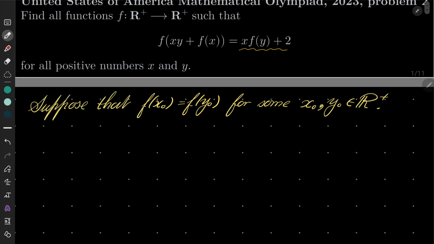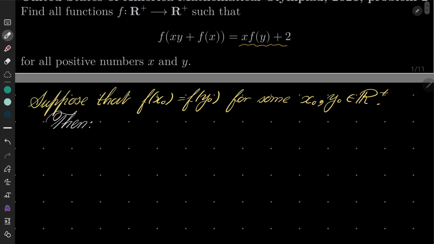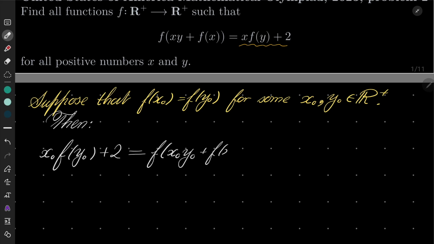What do we have? Then let's take a look. Let's take our right-hand side. On the right-hand side, we will have x0 times f of y0 plus 2, and we know by our functional equation that it's the same as f of x0 y0 plus f of x0.